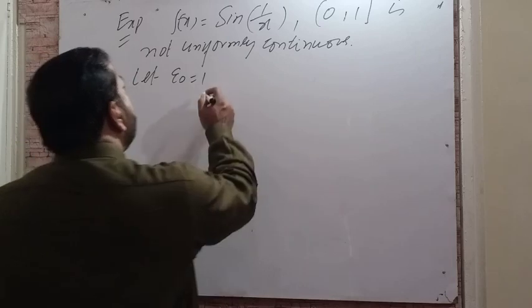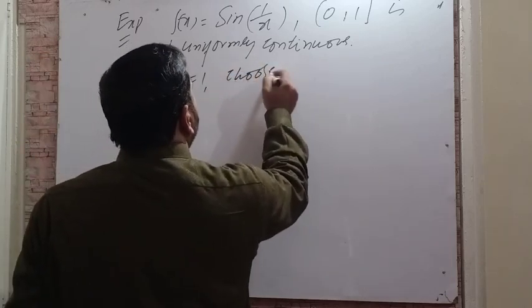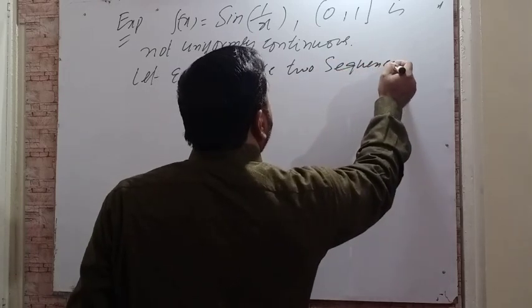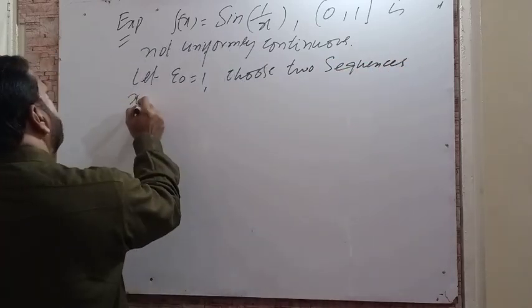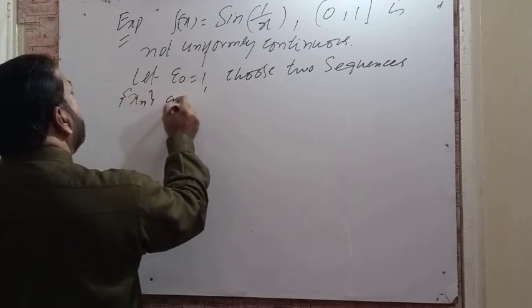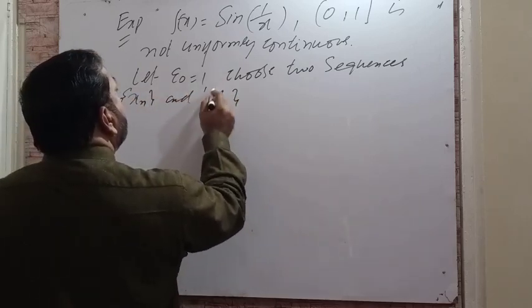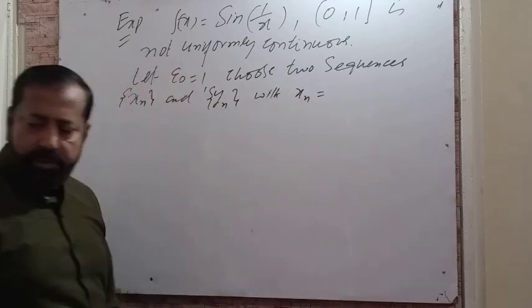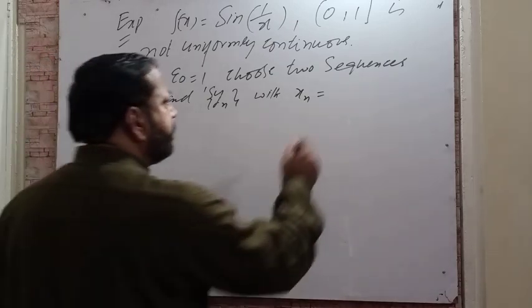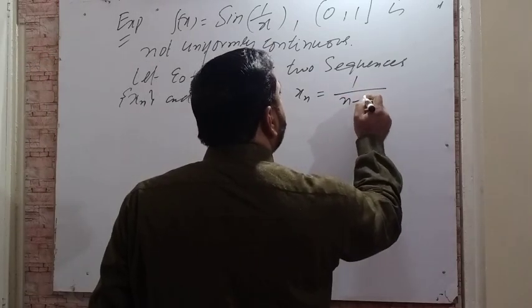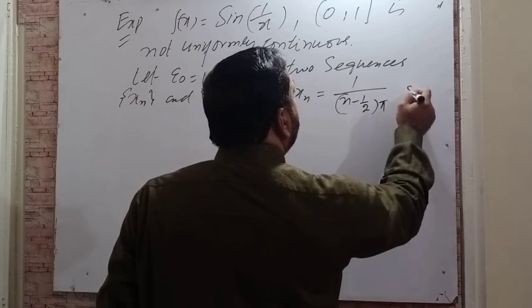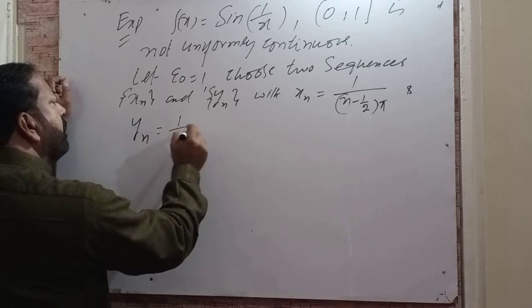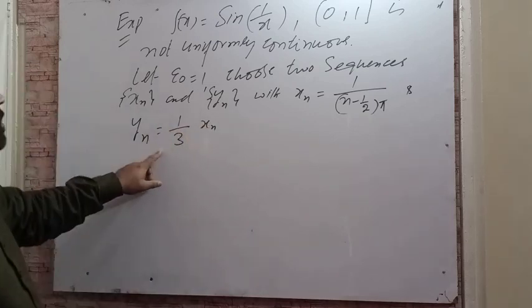We choose two sequences xn and yn with xn equal to 1 over (n - 1/2)π, and yn equal to 1/3 of xn.